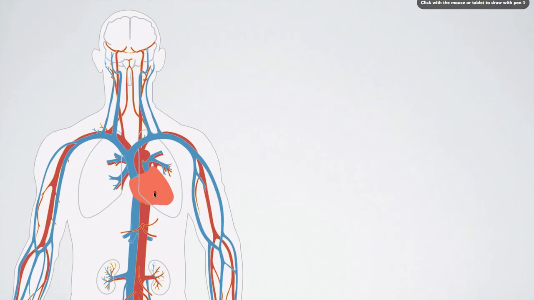If it's the left ventricle, it sends the blood into the aorta, which then sends the blood into the rest of the body. It's going to the organs and to the tissues. It's taking oxygen and nutrients to those organs and the muscles and so on. And of course, it's bringing waste away from the muscles and organs also.